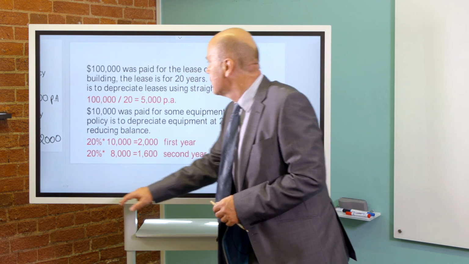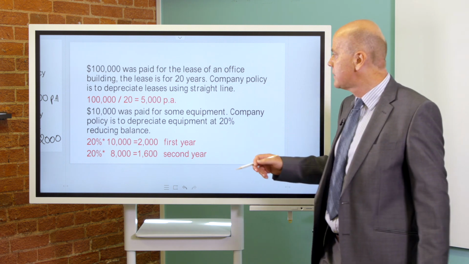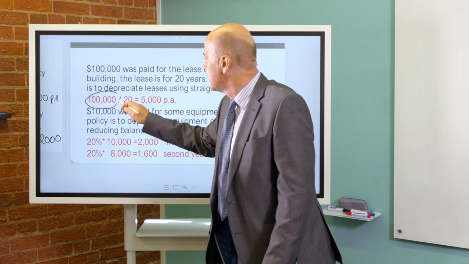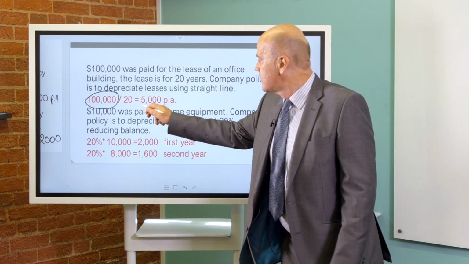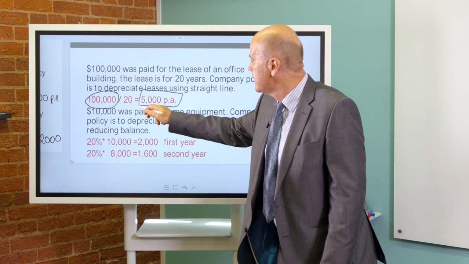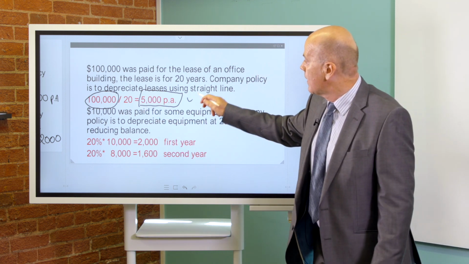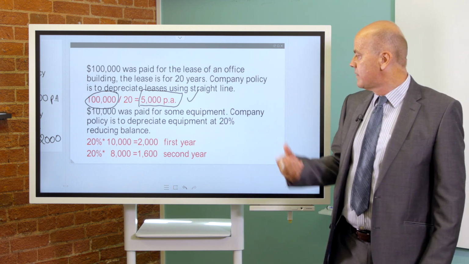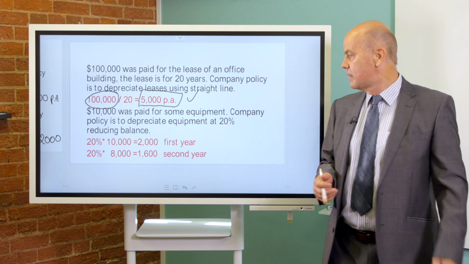So 100,000 was the cost of the asset, the cost of the lease. And we're saying it takes 20 years, or the lease is 20 years. So that's a cost or a depreciation of 5,000 each year. So that's great. And then we've got a different piece of equipment, and we're using the other method, this reducing balance method.